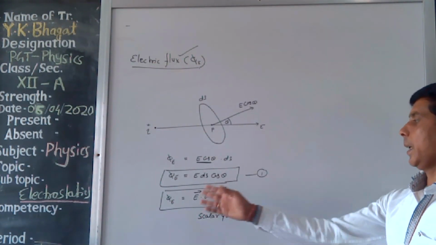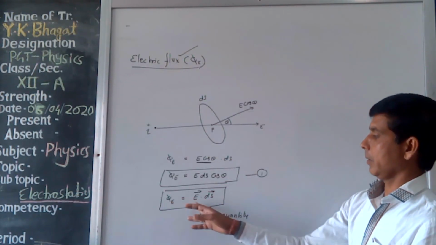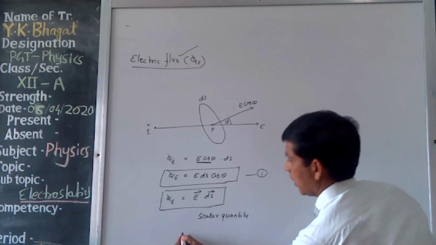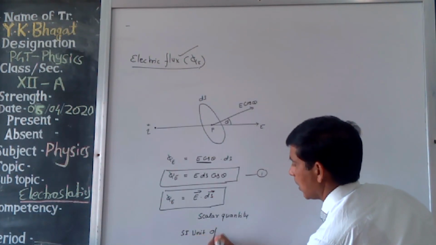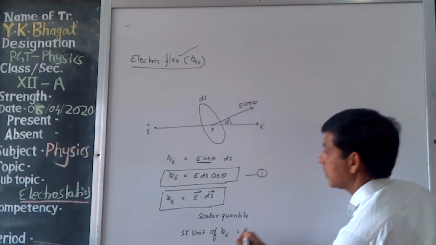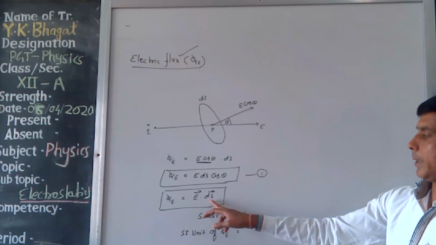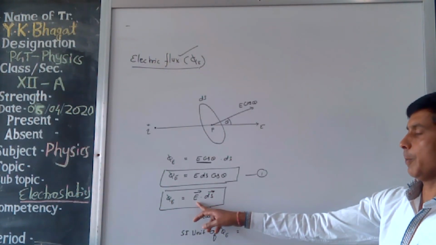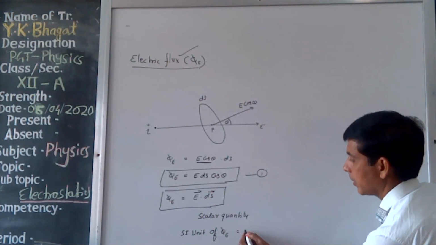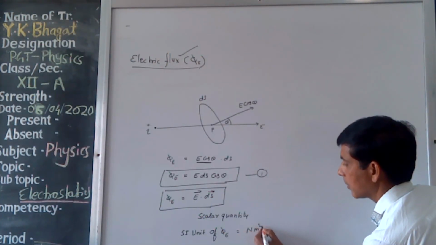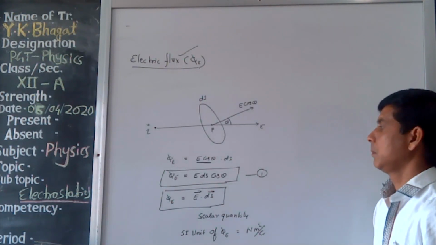And again we find the SI unit of electric flux. The SI unit of phi will be the unit of this into this: the unit of E is newton per coulomb, the unit of dS is meter square, so the SI unit will be newton meter square per coulomb.